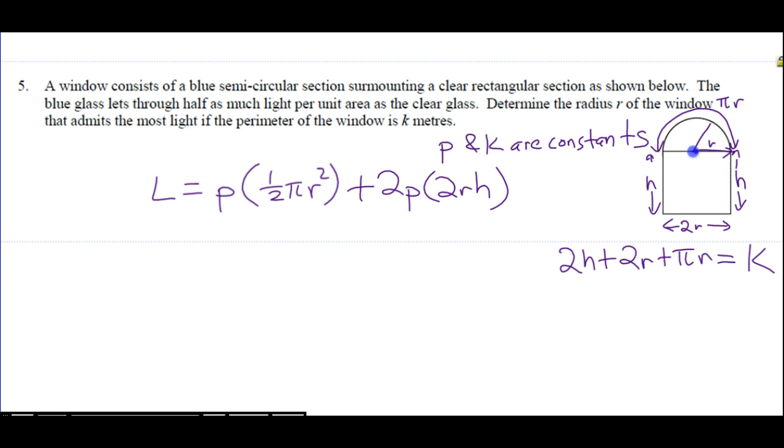And we want perimeter, so we got H plus 2R plus H, so 2H plus 2R, then half of a circle, which is half of 2 pi r, or just pi r. Now, if we solve that for H, so H is equal to K minus 2R minus pi r over 2.